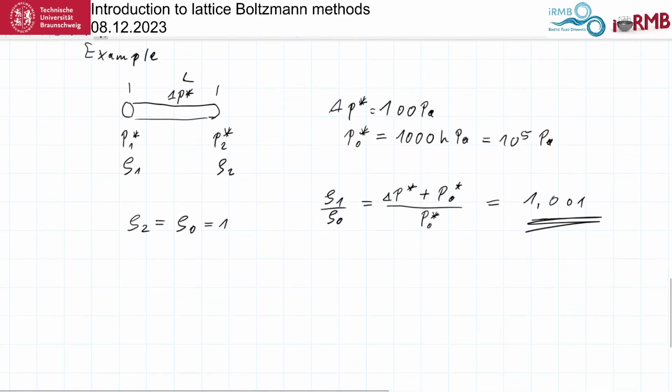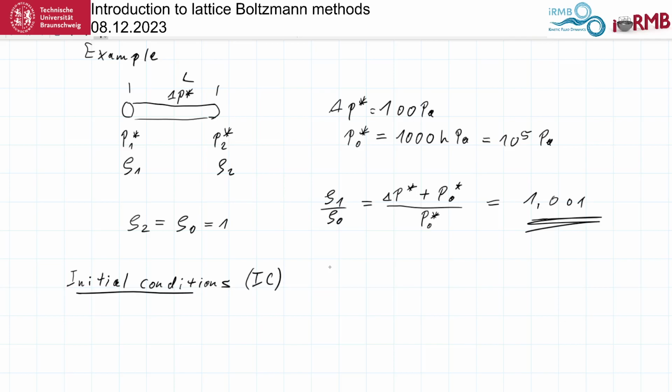Coming to initial conditions, which we in future will write as IC. There's a difference between Lattice Boltzmann and the Navier-Stokes equation.